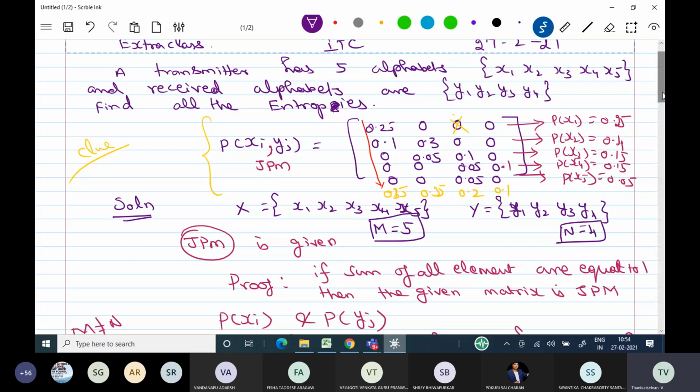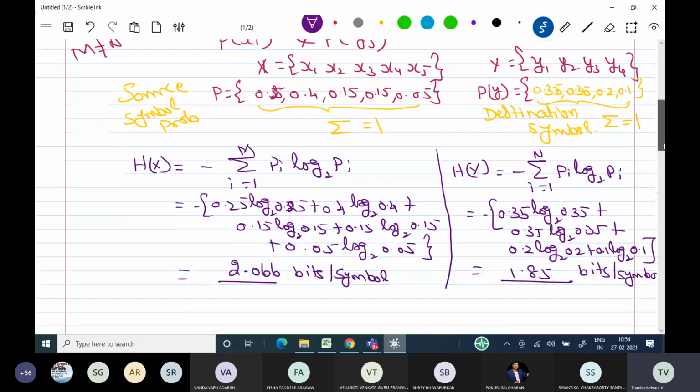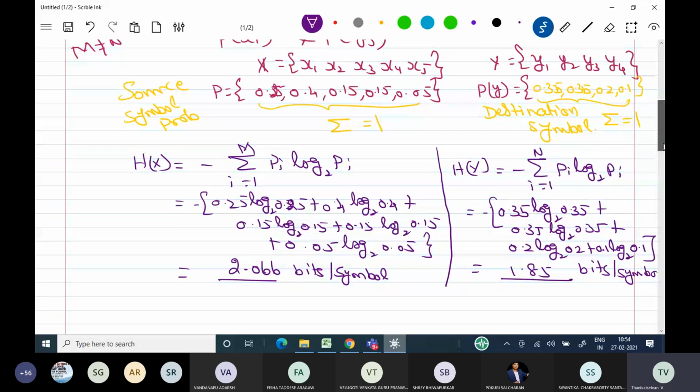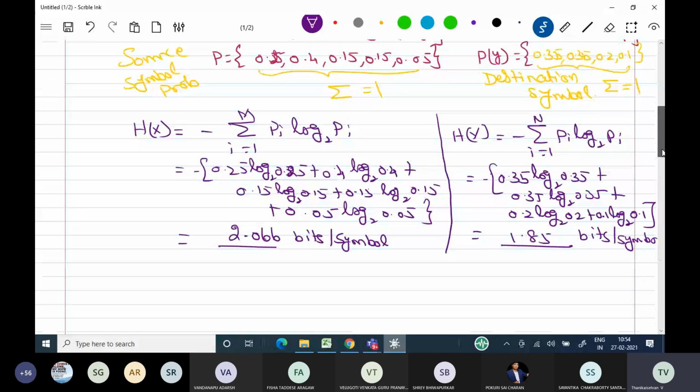These are the three things we have utilized. Finally, we have calculated the source symbol probability and destination symbol probability, and we have computed the source entropy and the destination entropy also.